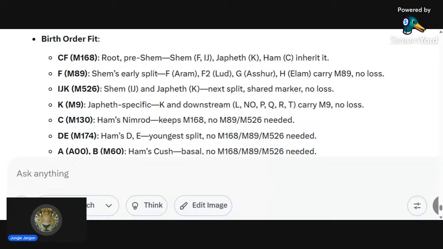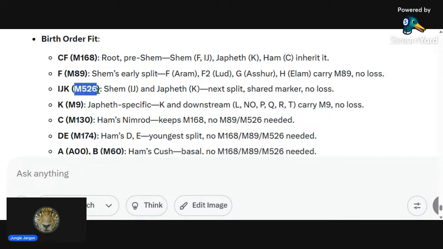Anyways, IJK's M526. The Japheth is K. The next split is shared marker, no loss. In other words, K has its own SNP and IJ has its own SNP, but they don't lose this marker.